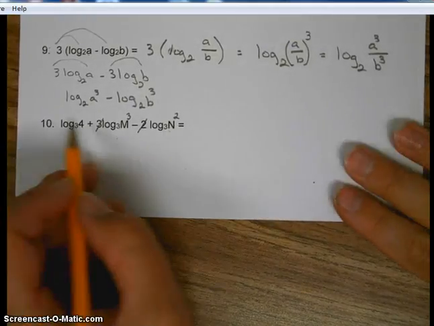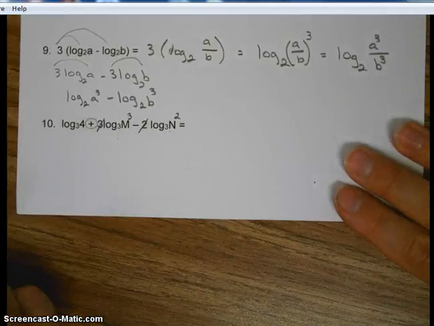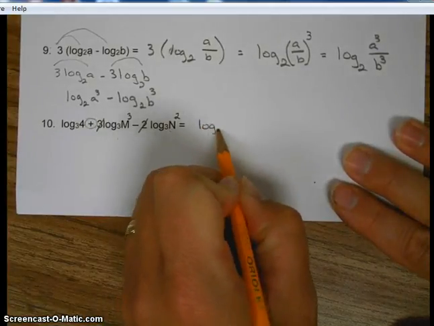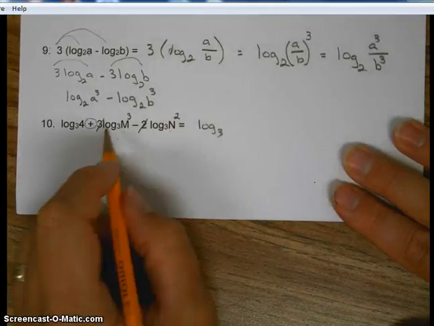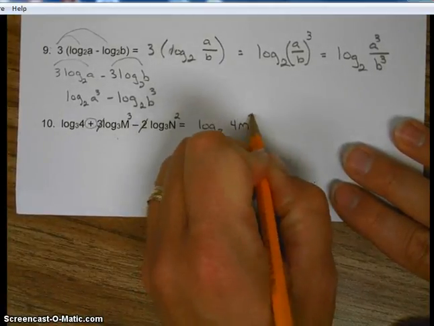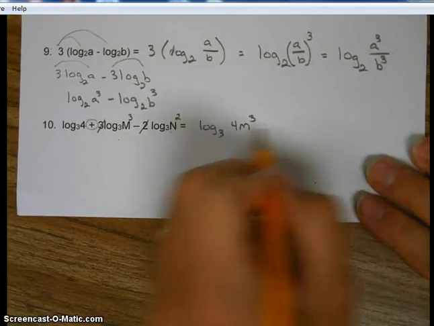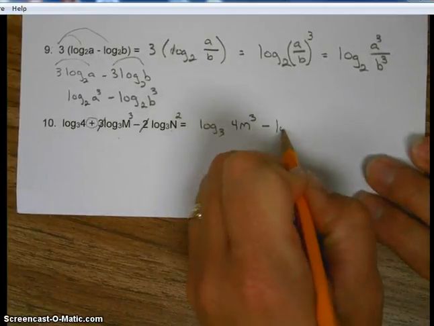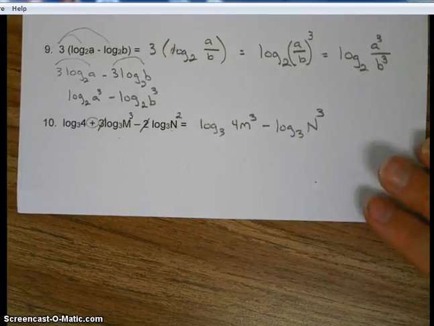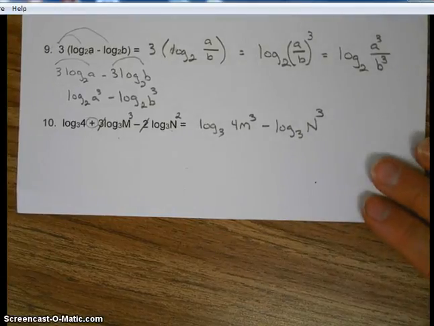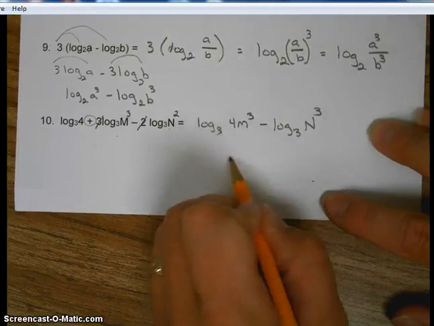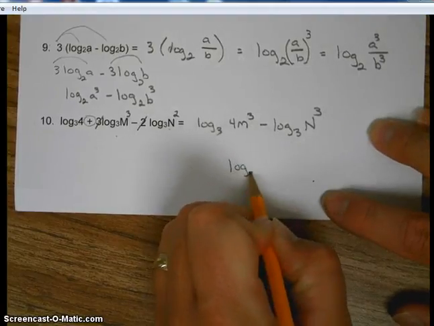So starting off here, we got an addition, which means we're going to do what with the arguments? Multiply, right. So 4 times m cubed, okay, minus log base 3 of n cubed. Okay, subtraction means to divide, so condensing down to 1 logarithm.